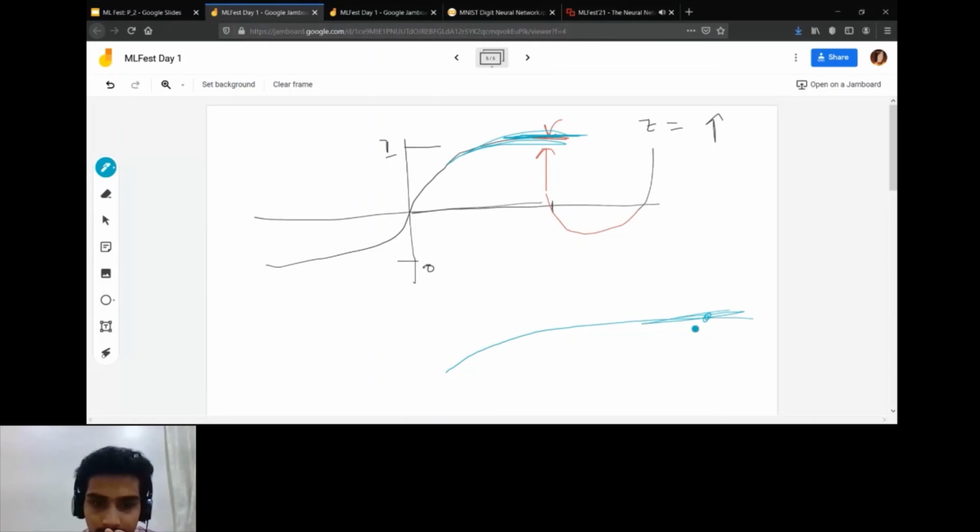It's such small. And if our value is here, we are at this point on the slope. We would need to iterate a lot of times till we get here. That is, our model will learn really slowly if we keep the inputs as really high or really low.